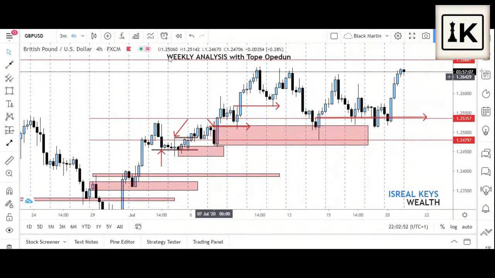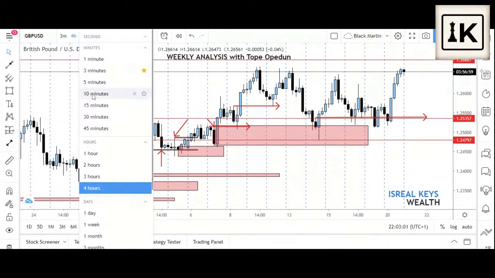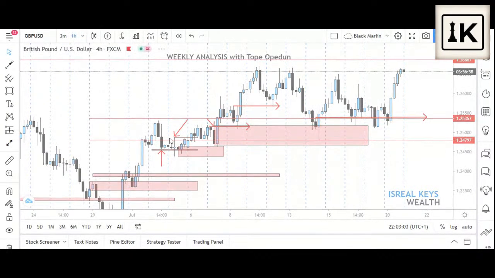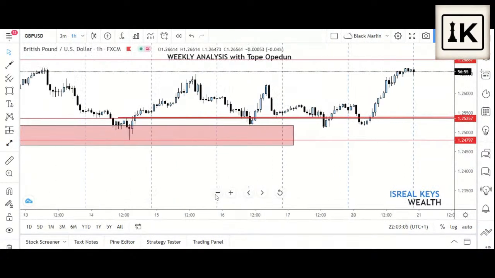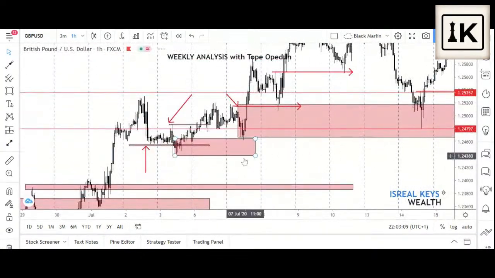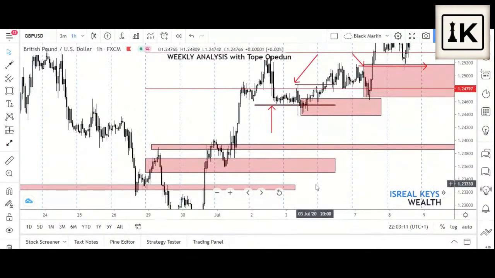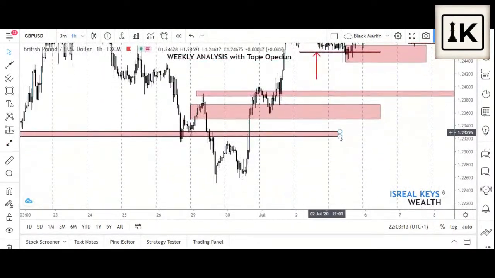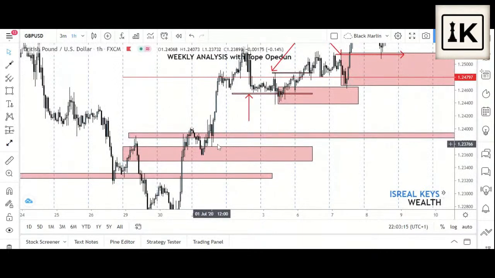You'll have seen beautiful setups on H1 as well, which will have reduced your risk. So it means maybe a 3-to-1 that you'd have gotten on H4 will probably be giving you 6-to-1 on the H1. Okay, let's just see. Okay. So from here, from this first opportunity over here, look.